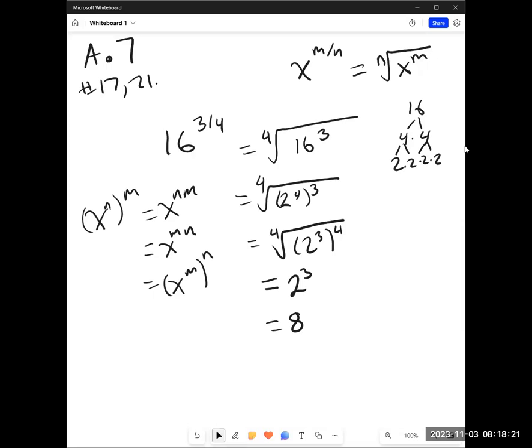I also have the option of making the 16 bigger to start off with, but I would not have seen very easily what 16 times 16 times 16 was. I would have had to use my calculator for that. I think that 16 times 16 is 256.